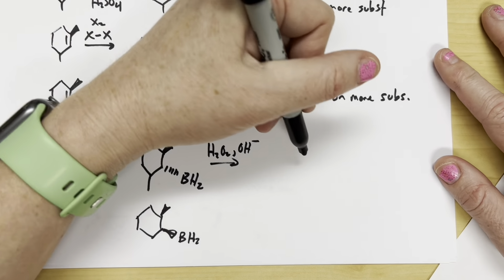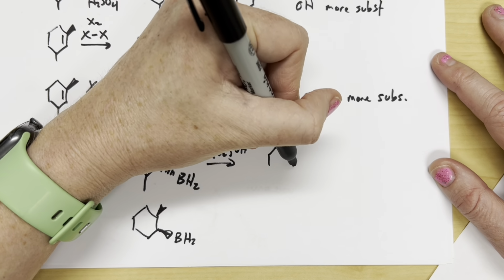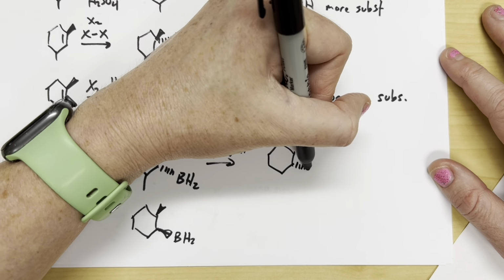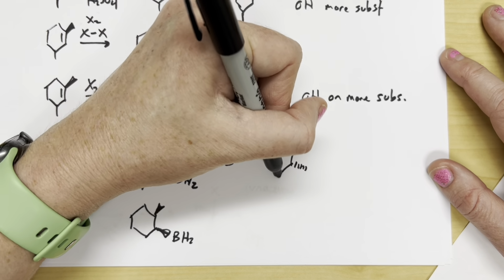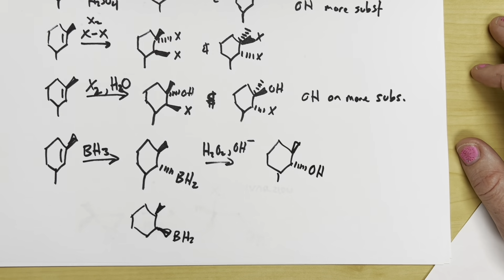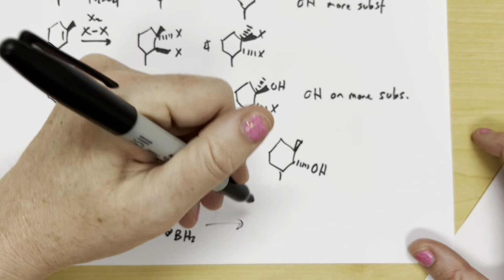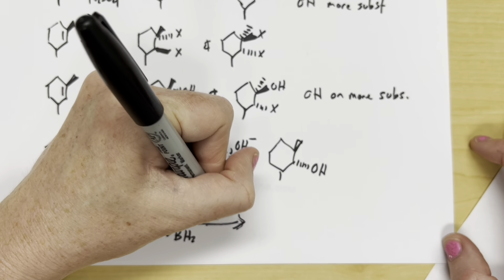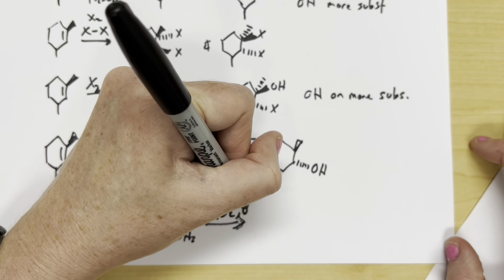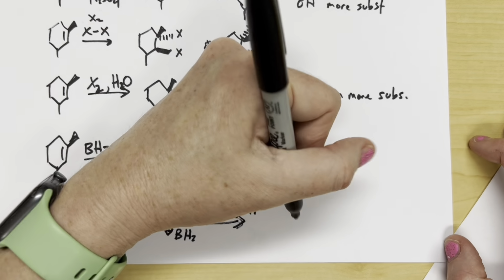And when you react it with OH, you get a retention of that same product. So what was on a wedge will still be on a wedge. What was on a dash will still be on a dash.